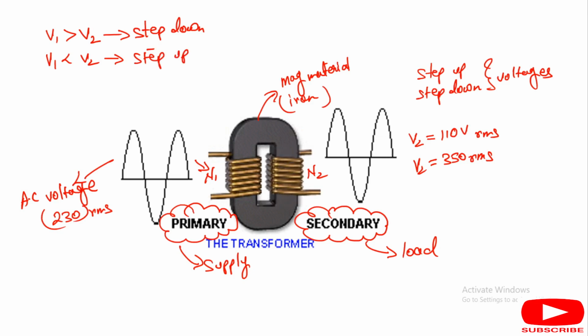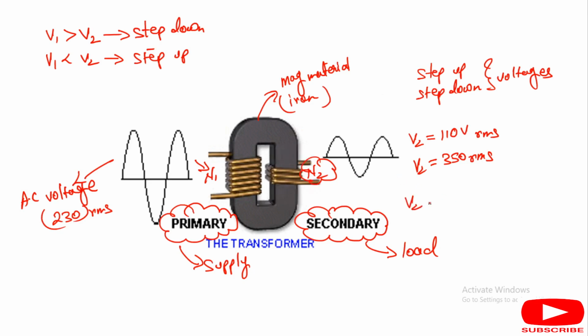As you can see, the variations of the coils of the secondary side mean N2. When we change the number of turns of the secondary coil, we change the voltage level of the secondary side. The secondary side voltage totally depends on the number of turns of the secondary side.